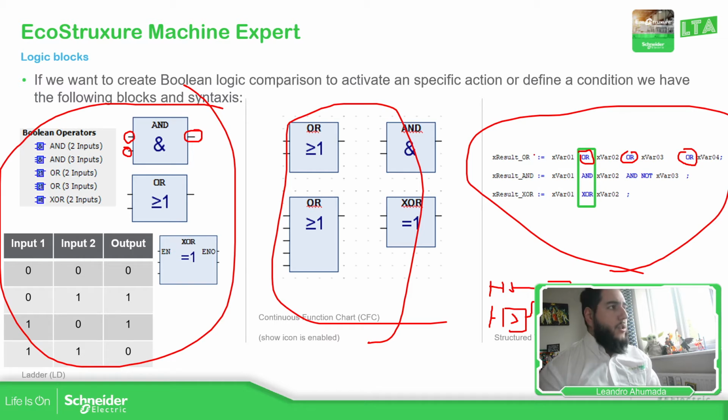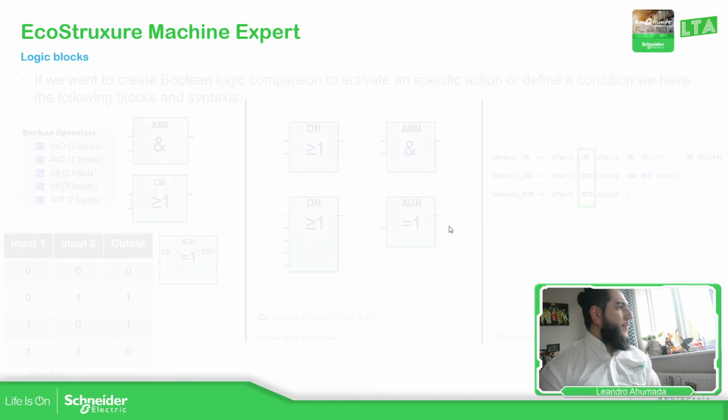You will need to pay attention that the result of all of this is going to be a Boolean variable. That is important to know. And for the assignation, we need to use this icon in order to assign the Boolean value. It's important to know that we have AND and NOT conditions.